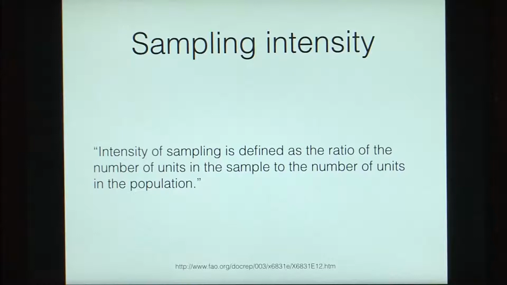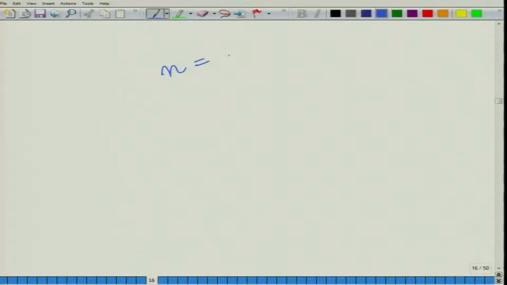Next, we can talk about the sampling intensity. The intensity of sampling is defined as the ratio of the number of units in the sample to the number of units in the population. So, for instance, in a forest, the total number of trees is say 10,000, and in our sample we have taken 100 trees. So, what is the sampling intensity?